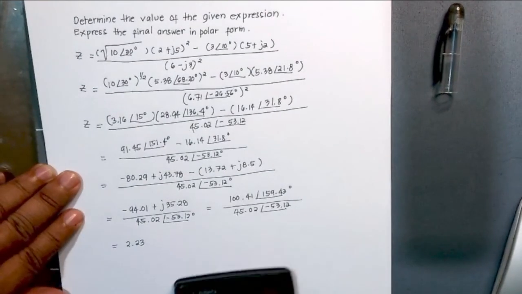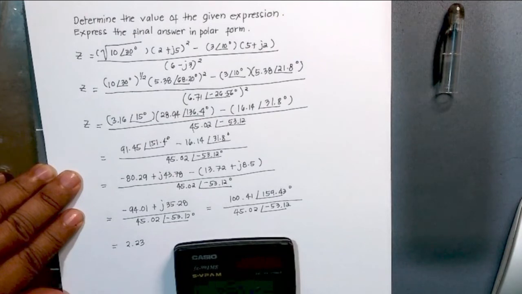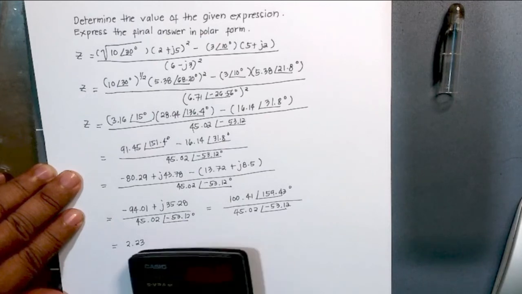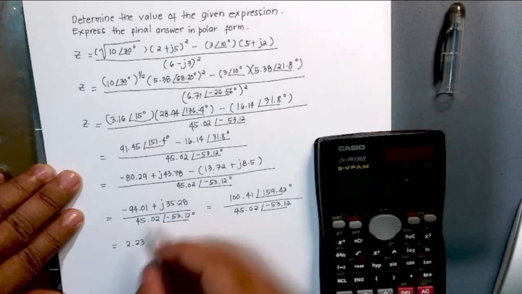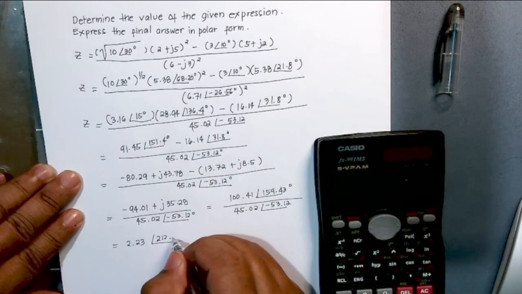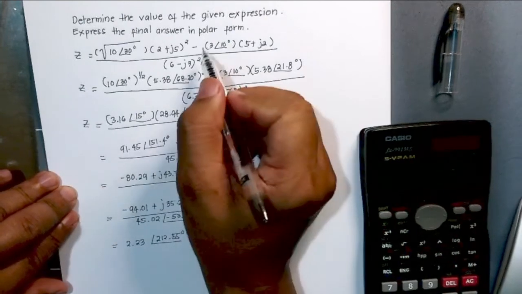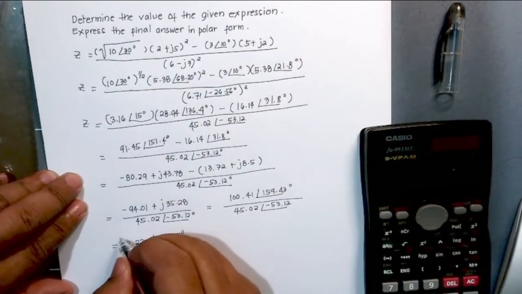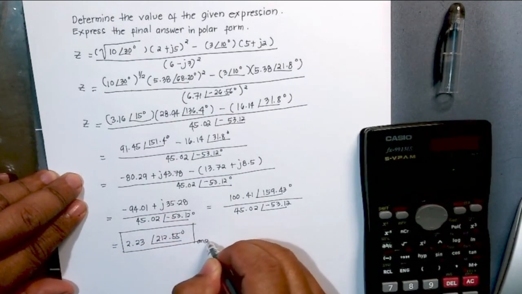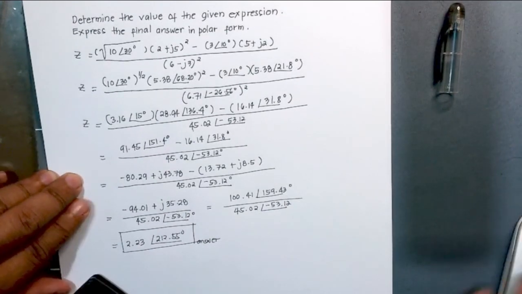So what will happen is that that will be 159.43 plus 53.12, and it will give me 212.55 degrees. Okay, so this is now the final answer, and it is expressed in polar form. So this will be your final answer. Okay, so again, thank you for watching this video.